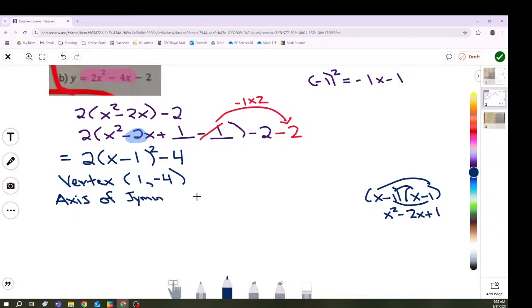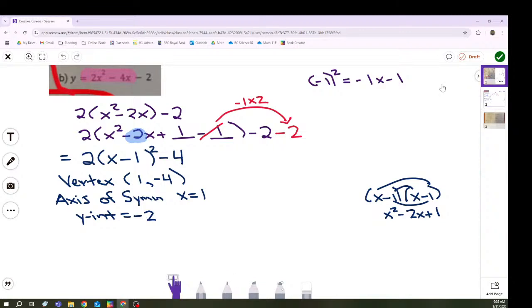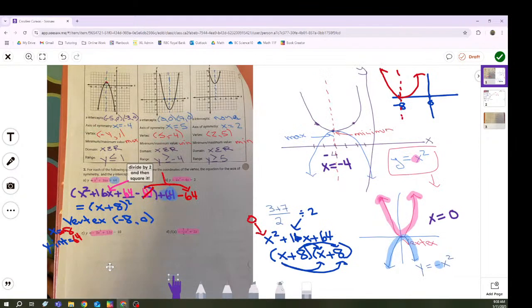X equals 1, and why does my S look like a J? Oh, weird. Okay, and then the other thing we had to find was the y-intercept. What's the y-intercept? Yeah, because again, if x was zero, and we put zeros in all this, that cancels out the first two terms, and the only thing left is the negative 2. Perfecto. All right, let's try another one.